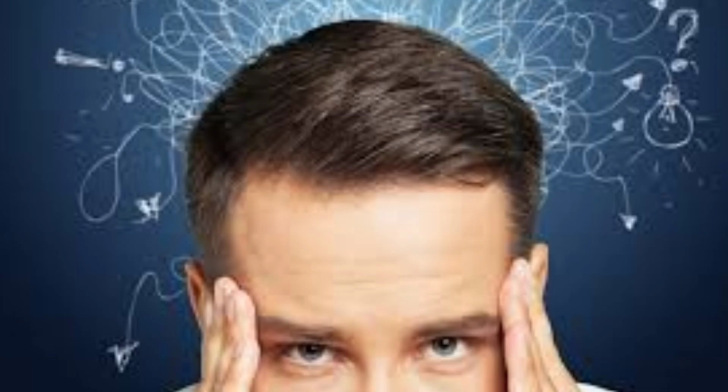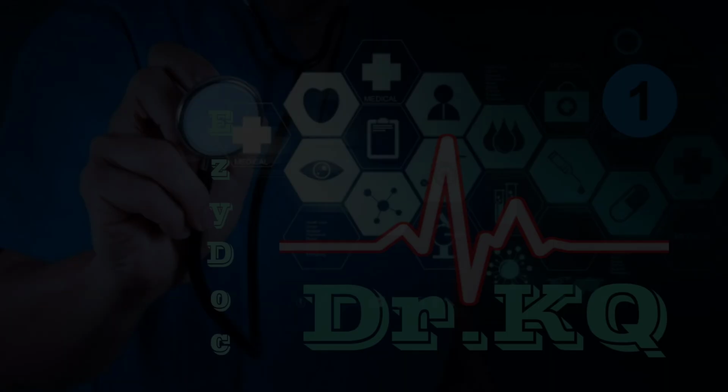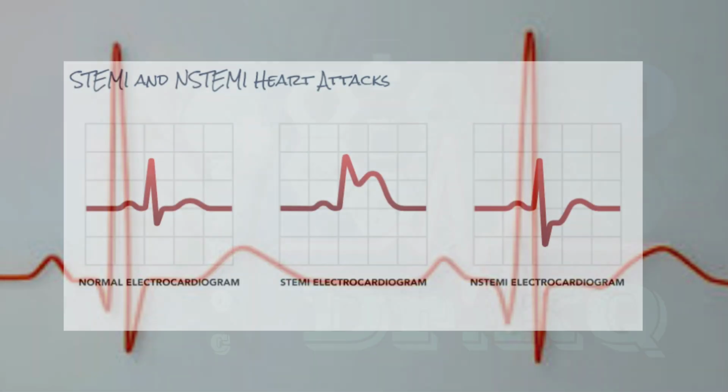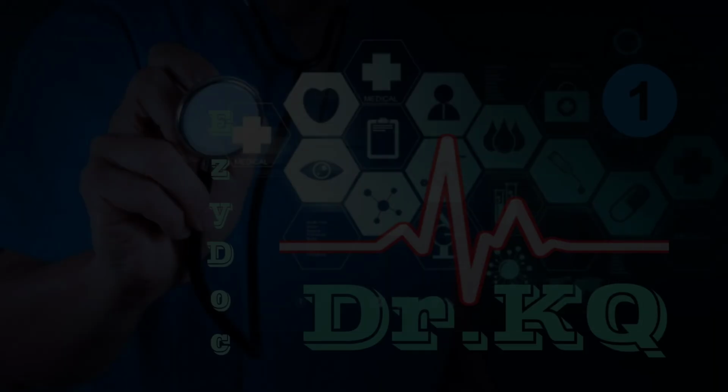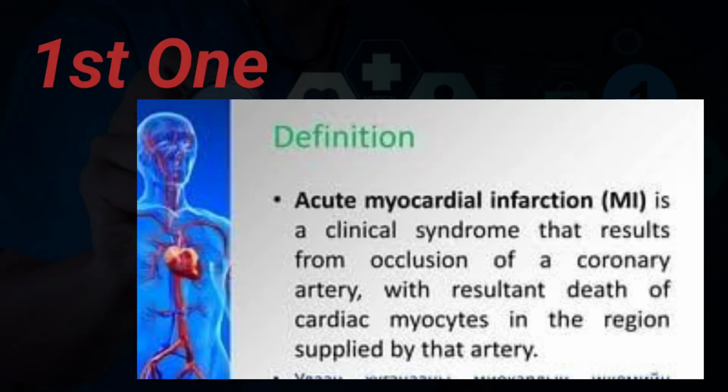And finally, keep in mind whether the ECG is showing ST elevation or ST depression. ST elevated MI or non-ST elevated MI can be seen on a daily basis on the ECG in the emergency room.